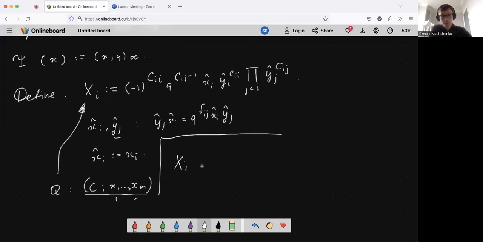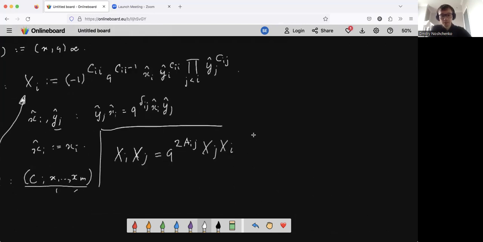Namely, if you commute xi and xj, this will give you q to the power aij, xj xi, where this aij is simply either cij or 0.